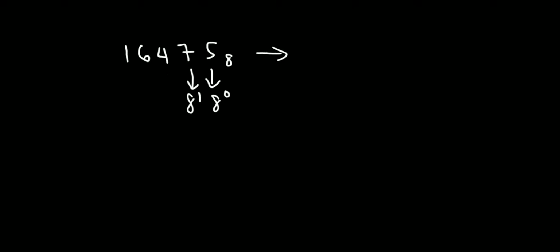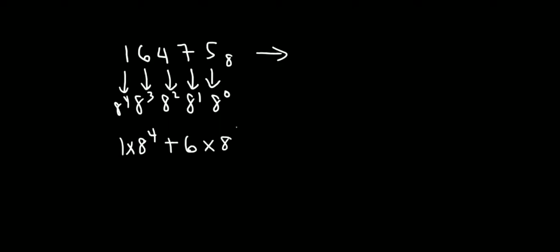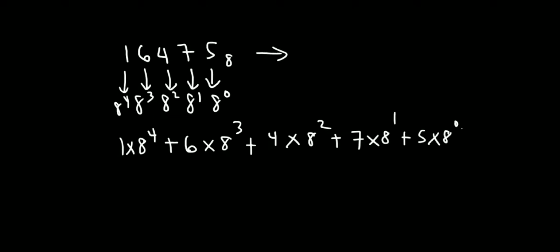It is 8 to the power 0, 8 to the power 1, 8 to the power 2, 8 to the power 3, 8 to the power 4. Now you have to evaluate it and write all these in a sequence. So 1 into 8 to the power 4, 6 into 8 to the power 3, 4 into 8 to the power 2, 7 into 8 to the power 1 and 5 into 8 to the power 0. After this we will evaluate.